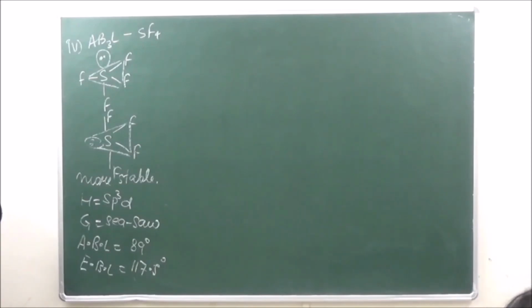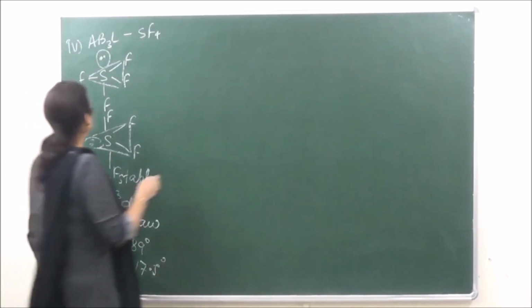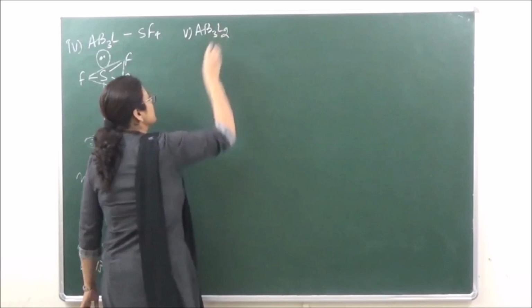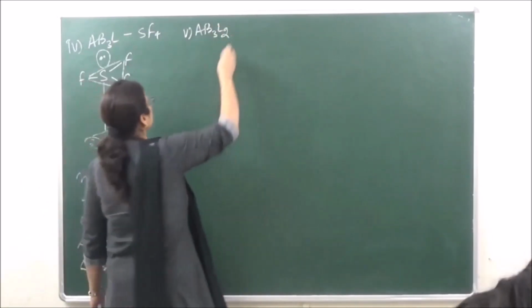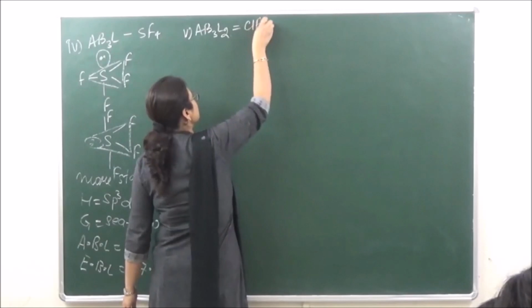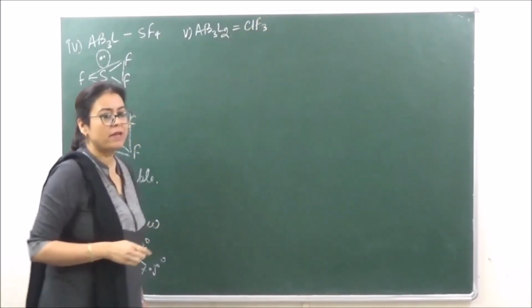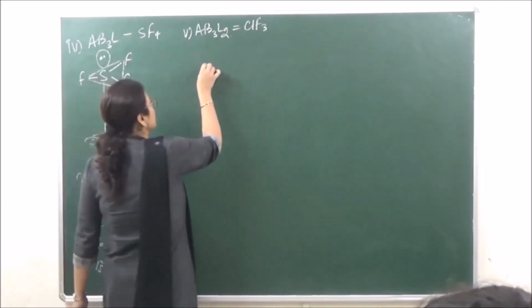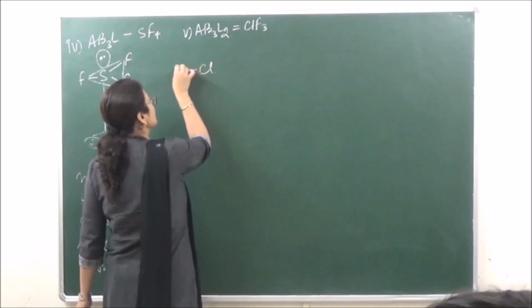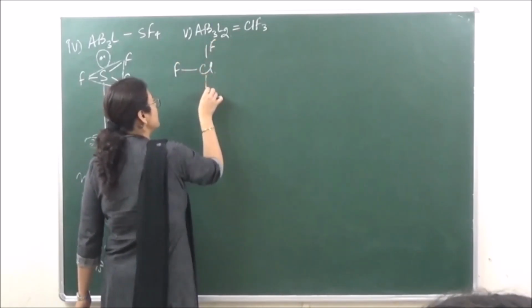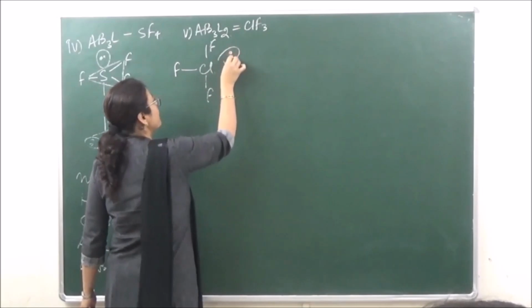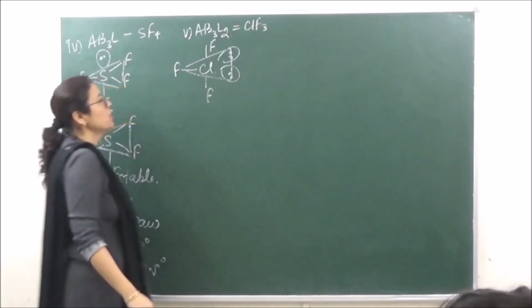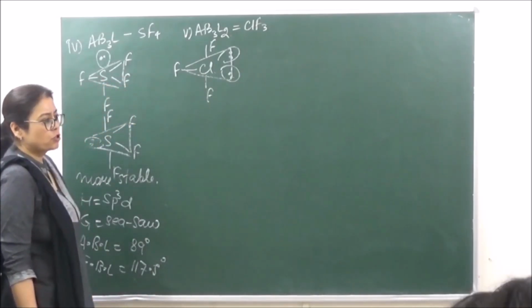Then the next one which we go to, that is AB3L2. Example which we are going to take over here is ClF3. All these shapes are very, very important. Okay, so when we are talking of ClF3, Cl, F and two lone pair of electrons which are directed to the equatorial positions.